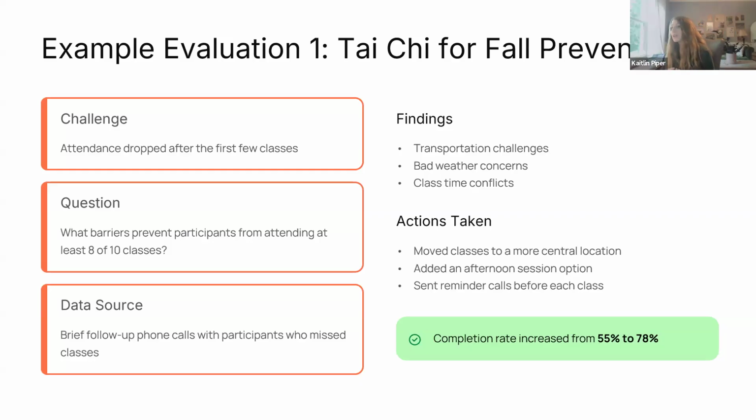They might move the classes to a more central location, add an afternoon session, and begin sending reminder calls before each class. And after making those changes, they were able to increase that completion rate that they were measuring. So this is an example of how an evaluation can be used for improvement and improve the participation, which was their purpose and goal in the first place.